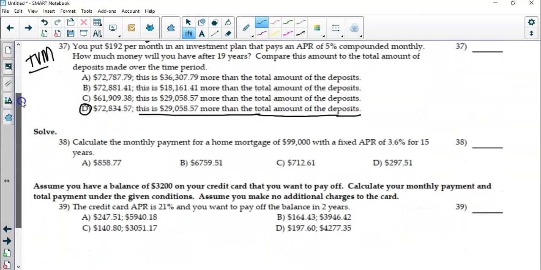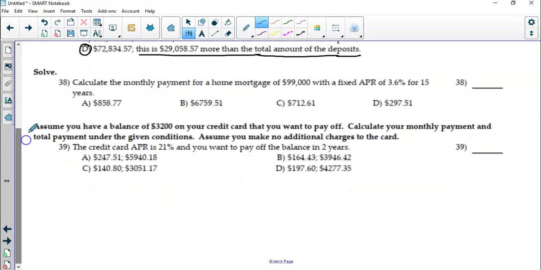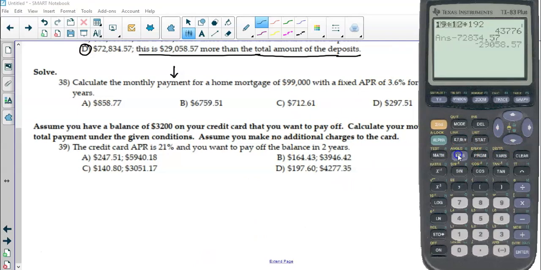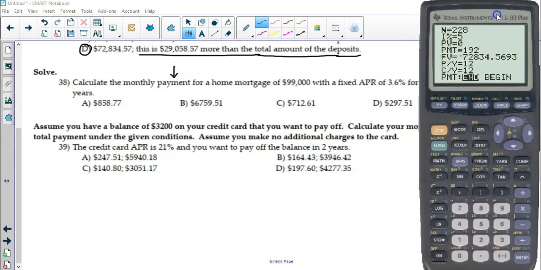38 is going the exact opposite way. I want to find out what the monthly payment is if I have a home mortgage at $99,000. So how much am I going to have to pay off this loan? Where in 37, you knew how much money you were putting in, and you were going from the 0 up to a dollar amount. So for this one, for the TVM solver, it's a mortgage of 15 years, and they like to get their money every month, so that's times 12 at 3.6%.